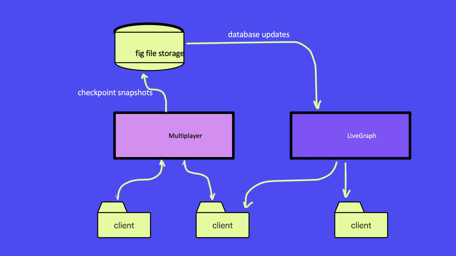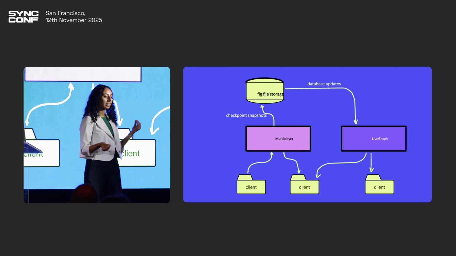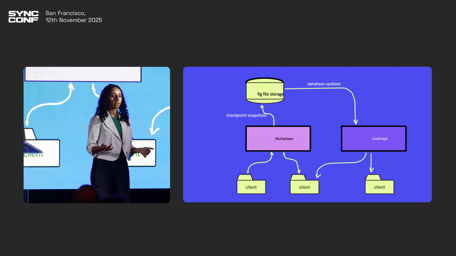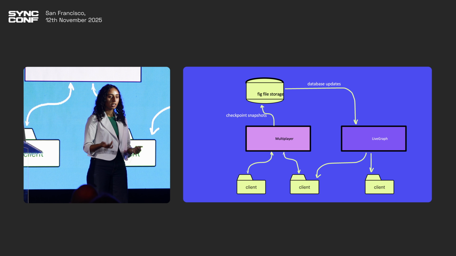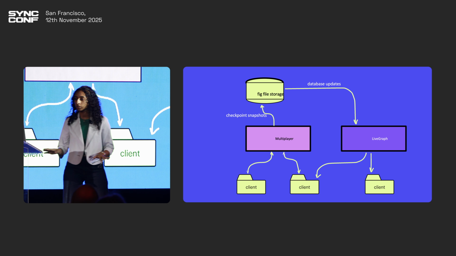So the model for thumbnail looks kind of like this. We have clients who are editing a file that goes through multiplayer, which is synced to our Fig file storage backend. LiveGraph is tailing database updates, getting updates on this thumbnail image, and this is read back down to other clients that are looking at the file browser.